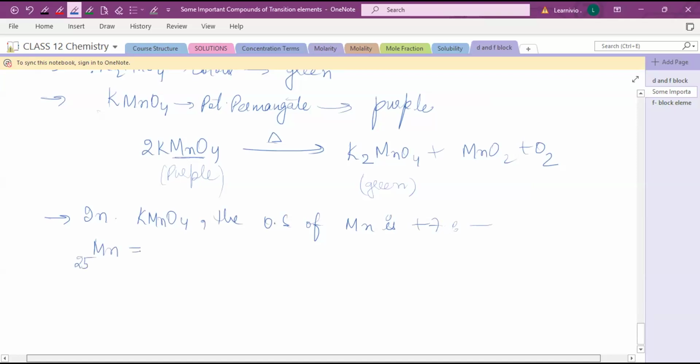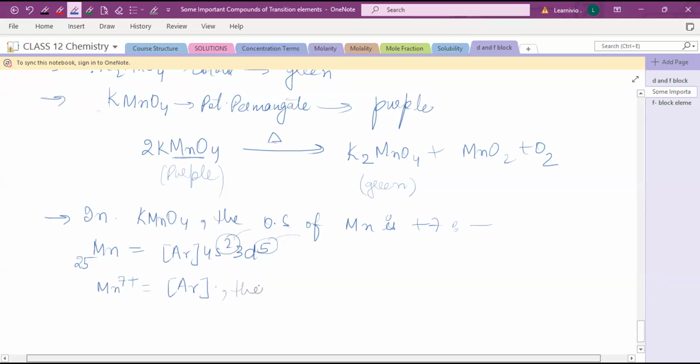So write down the electronic configuration: argon 4s2 3d5. So what will be the oxidation state? Mn7+. The 2 from here and 5 from here will be removed, so it is the Mn7+ ion. Its electronic configuration becomes the noble gas configuration of argon.